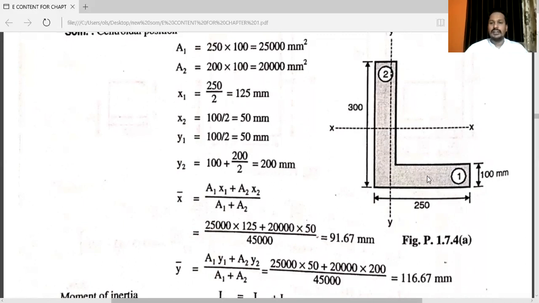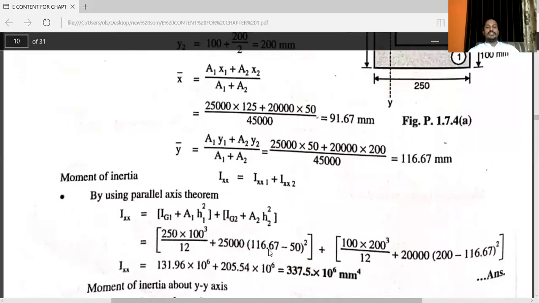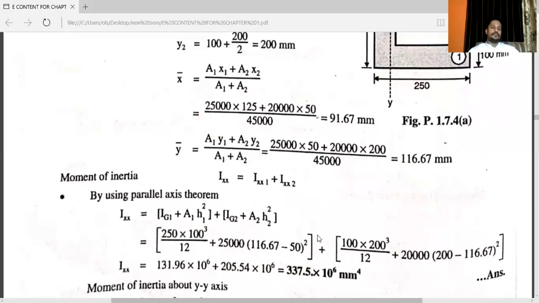You will get the distance H1. So here you can see 116.67 minus 50 whole bracket square. This distance is for H1. So again similarly, for Ixx2, the parallel axis theorem will be Ig2 plus A2 H2 square.